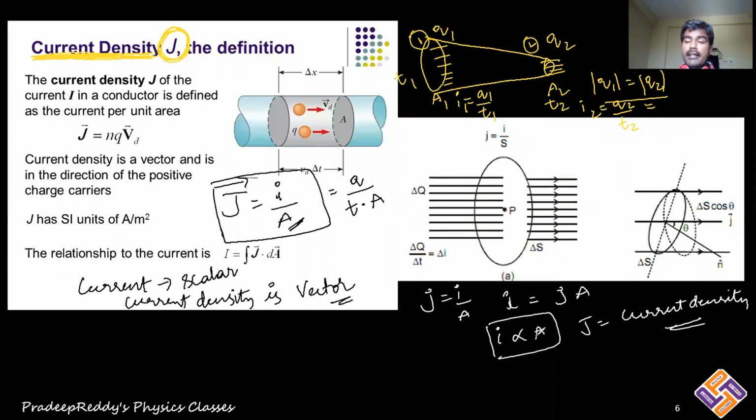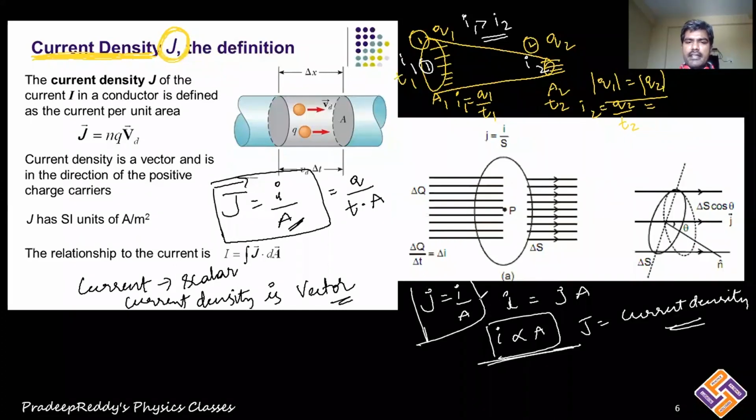That means a greater area of cross section will have greater current, and a smaller area of cross section will have smaller current. So in region 1, you will get I1, and in region 2, you will get I2. Clearly, I1 is greater than I2. So Abdul, the answer to your question is this: I1 is greater than I2. I is directly proportional to A. That's what you are able to see from current density.